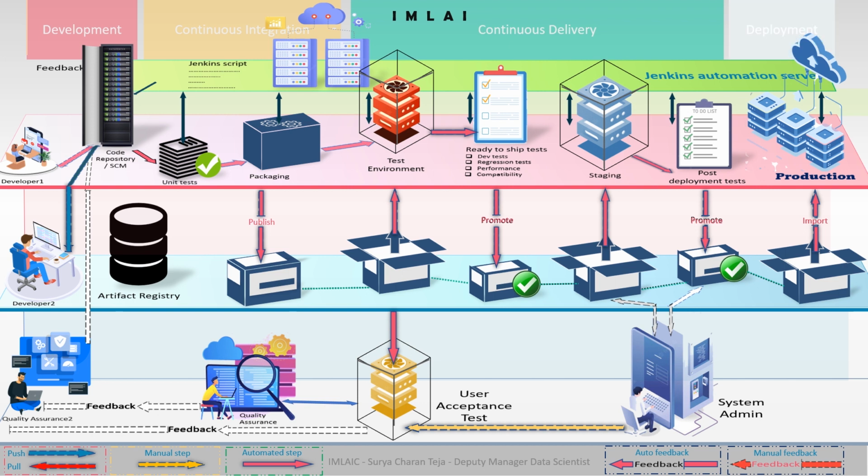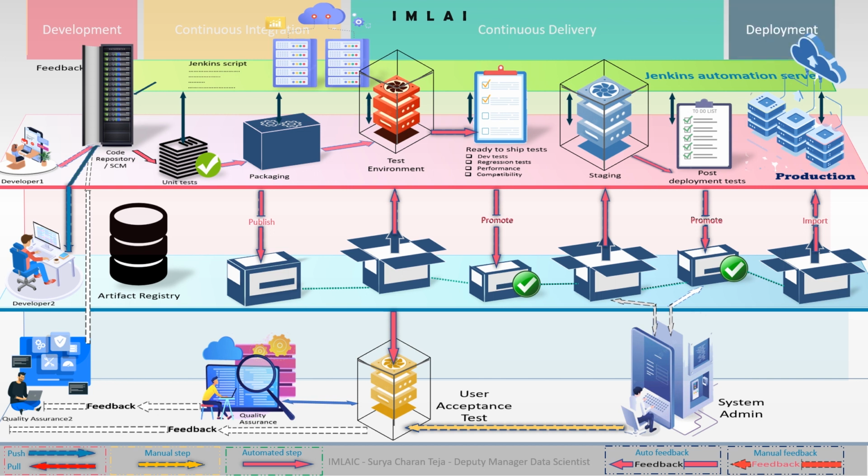And after that, once it is packaged, archived and published into the artifact registry, the next thing is that it is pulled by the testing environment, all the tests are done, and then it is promoted back to the artifact registry again. And if there are any issues, the feedback is sent back to the developers using a tool like Slack. Then in the staging environment, testing all the things.